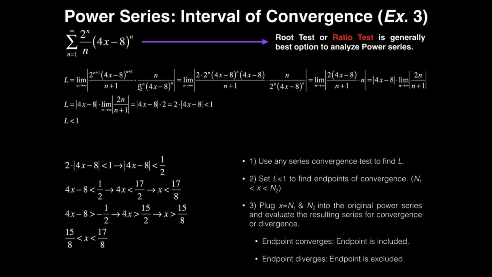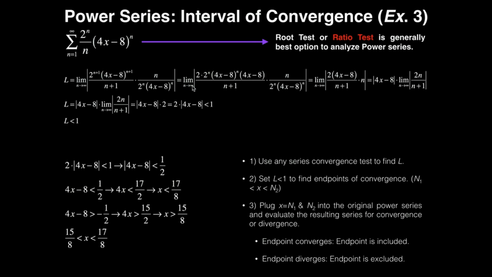And then I essentially just multiply by the reciprocal of the argument of the power series. So times n divided by 2 to the n divided by the quantity 4x minus 8 to the n power. All right, and remember, the ratio test has absolute value signs.